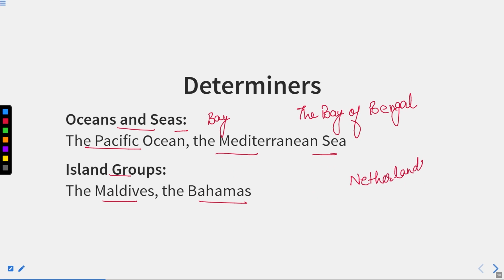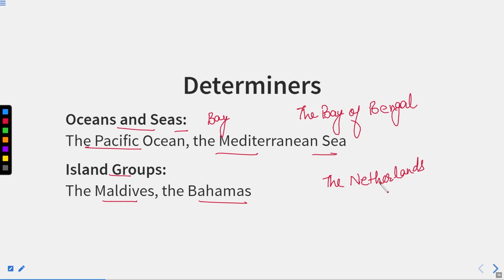And you must have heard, we can use the Netherlands. If you have heard a place, that is the Philippines. Philippines is the name of a group of islands. So we can use the before that as well, the Philippines. That is why we use the Netherlands, because the Netherlands is actually a group of several islands.